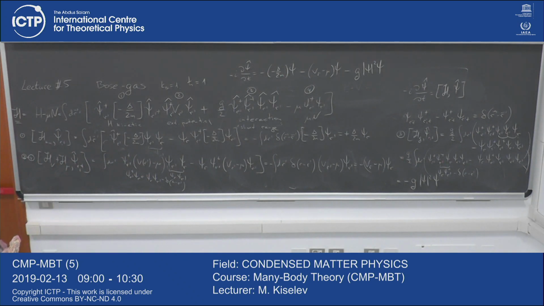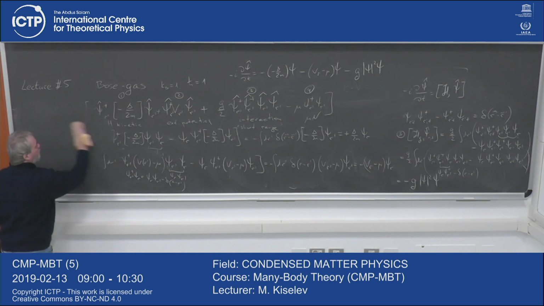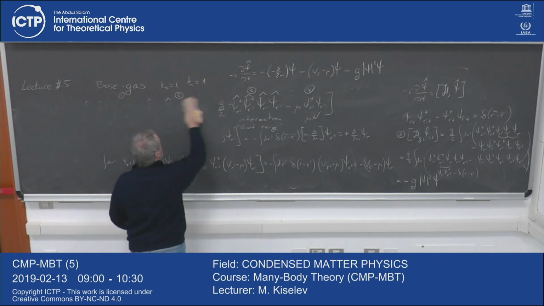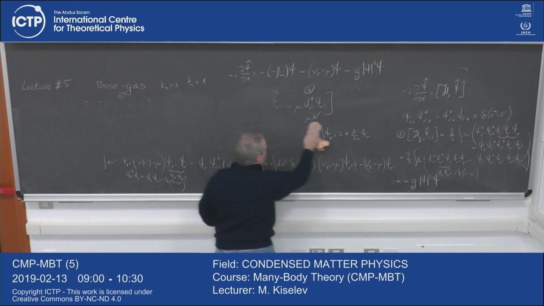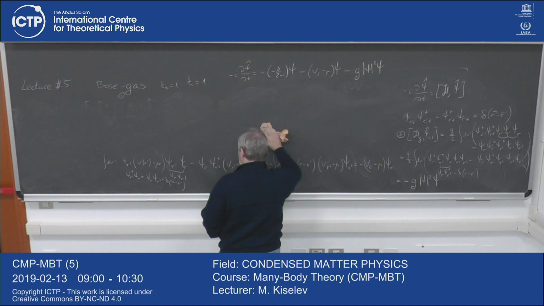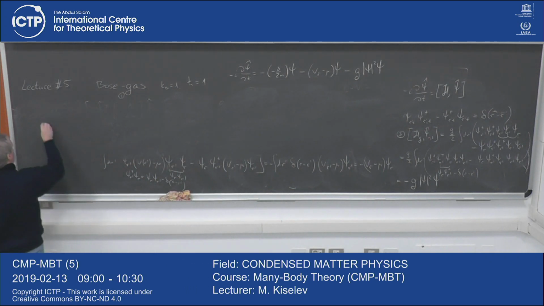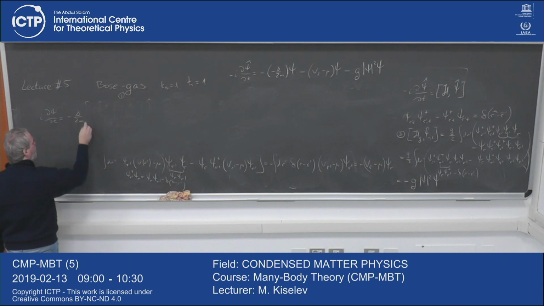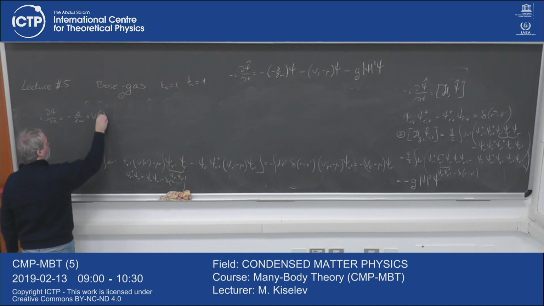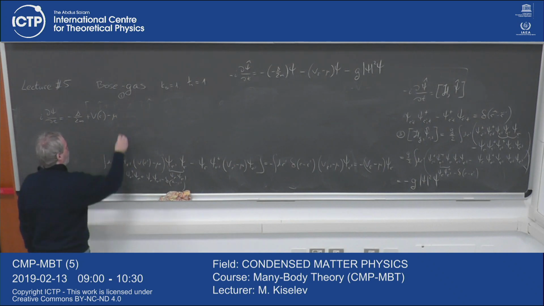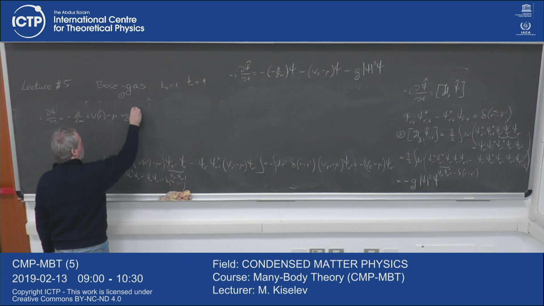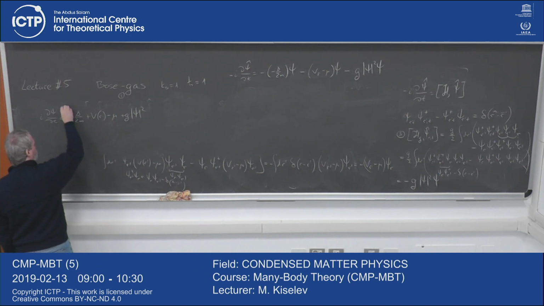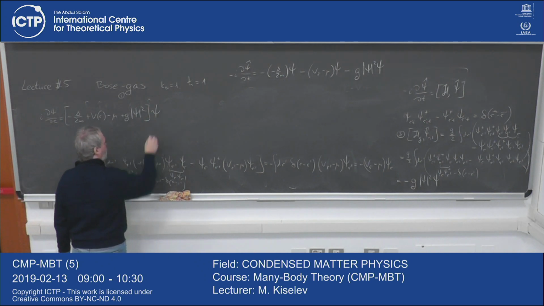Or I can multiply everything by minus 1, both the left hand side and right hand side of my equation, and what I will get is i d psi over dt is equal to minus nabla squared over 2m plus V(r) minus mu plus g modulus of psi squared acting on psi.